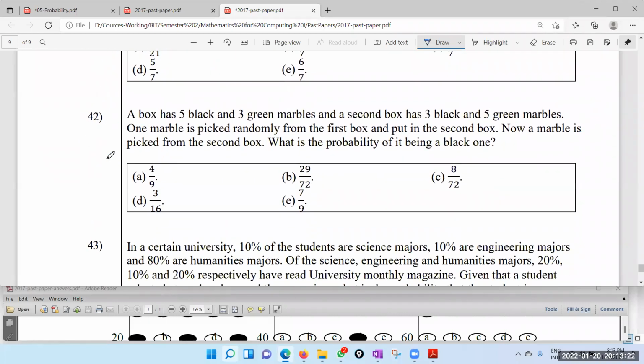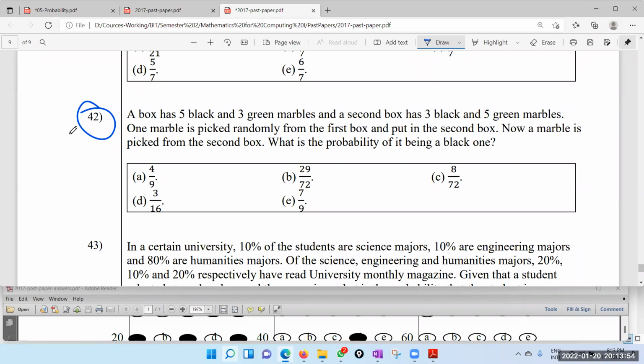A box has 5 black and 3 green marbles and the second box has 3 black and 2 green marbles. One marble is picked randomly from the first box and put in the second box. Now a marble is picked from the second box. What is the probability of it being black? That is an interesting question. It's not impossible and it's not fussy.